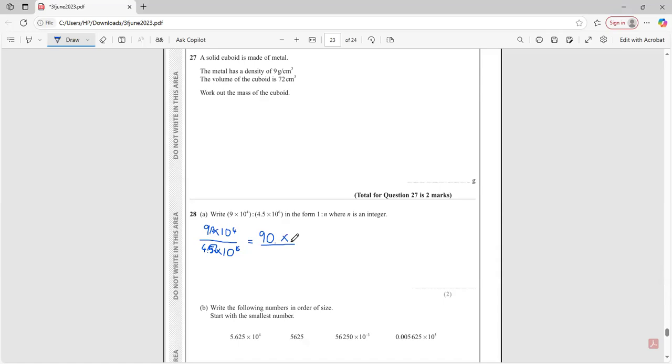It's still there. Then on this other side, 4.5 will now become 45, times 10 raised to power 6.